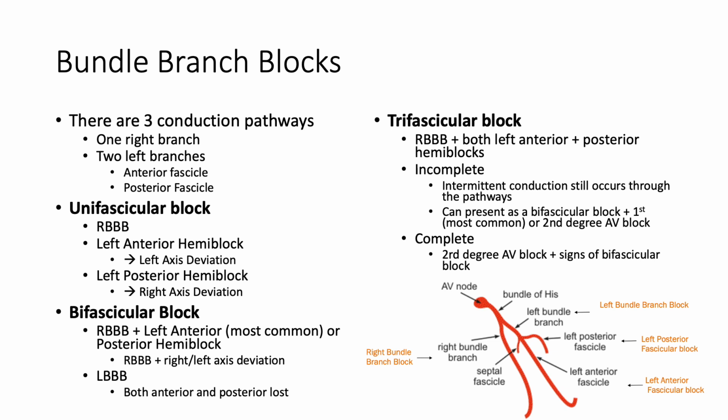You can also get a combination of the right bundle branch plus one of these two, and they are called these. So you'll either get a right bundle branch block with a right or a left axis deviation, which is a combination of the ones up here, or you can get a left bundle branch block, which is technically bifascicular because it involves the left and the right, the anterior and the posterior fascicles. And you can also get a trifascicular block, which is also known as bad news.